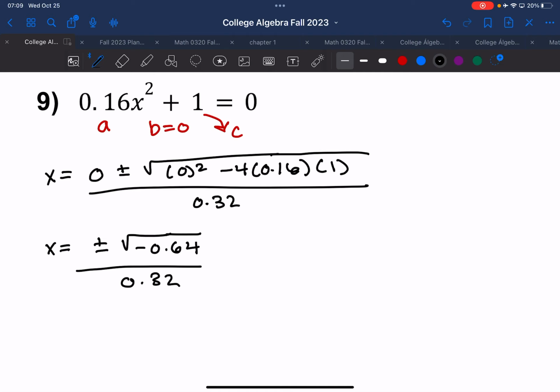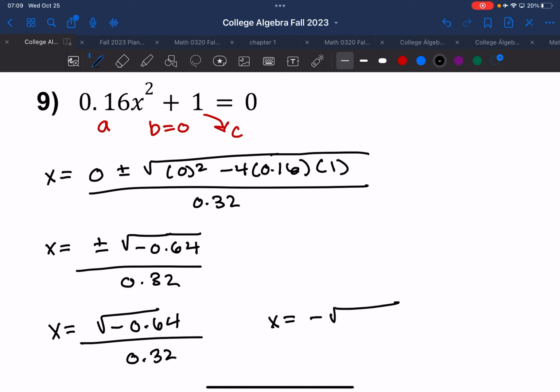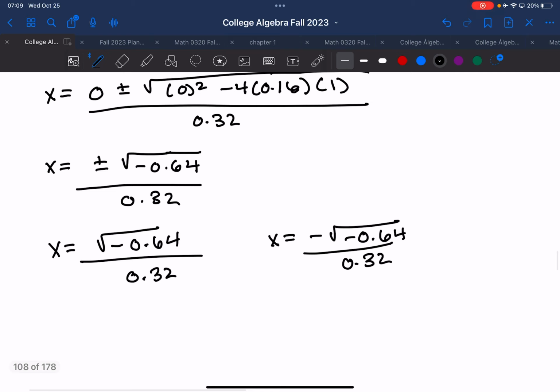Okay. So that means we have 2 possible answers. We have X is equal to positive square root of negative 0.64 divided by 0.32, and then the negative version. Remember, when you're typing this into your calculator, ignore the negative under the radical sign, and then just include an i in your answer.